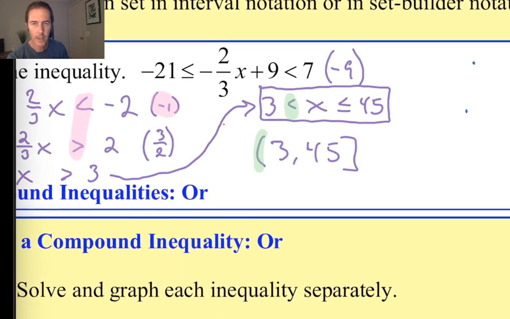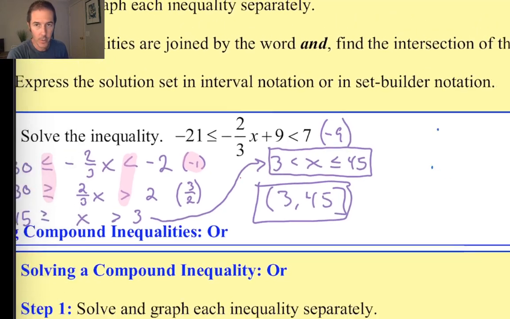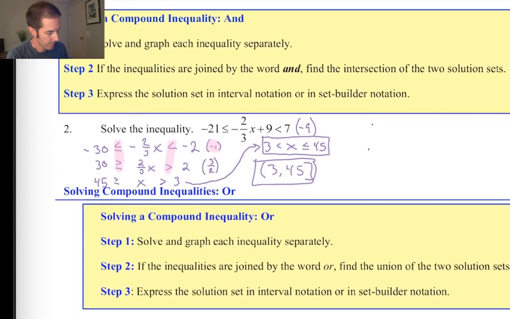And the square bracket to the right of the 45 is the result of this being a less than or equal to symbol. The or equal to makes that closed on the high end of our interval, and the parenthesis means we are open on the low end of the interval. So again, interval notation. You're going to be answering a lot of these questions using interval notation.